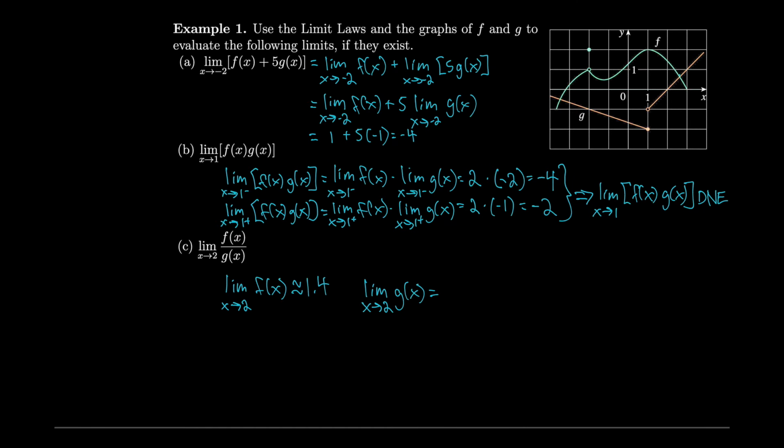We can see that as x approaches 2, g of x approaches 0. So the denominator limit here, if we were to split this, would be 0. We can't split it in that case. The limit in the numerator approaches a specific number, though. As a result, this limit does not exist.